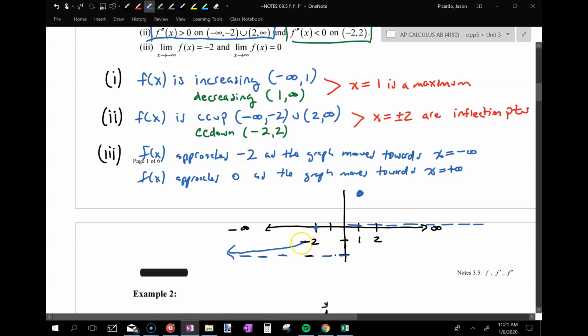I'm going to change my inflection here. Do you agree? Concave up, concave down. Cool, right? I'm going to keep being concave down until I get to 2, and then I'm going to change to being what again? Concave up. Concave down to concave up.